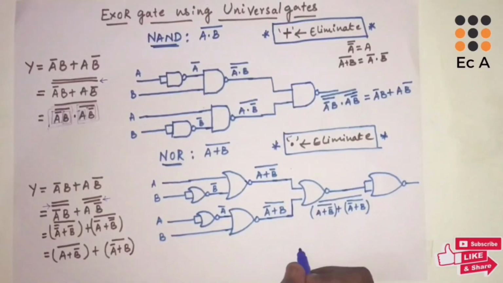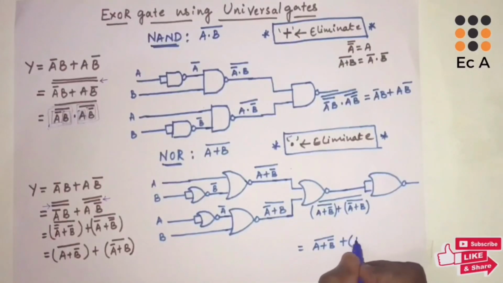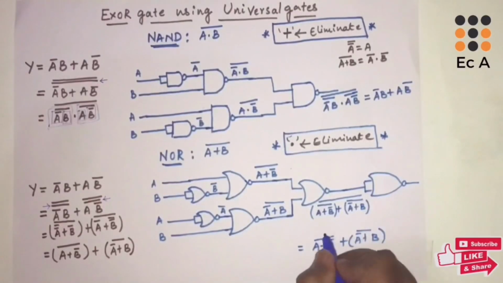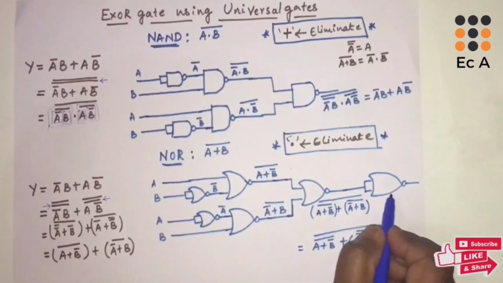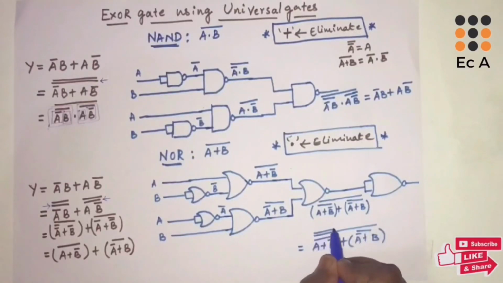After connecting that NOT gate, we will get the output as A plus B bar whole bar plus A bar plus B whole bar and whole bar. Due to this NOT gate, we will get one more bar. So these two whole bars will cancel out.